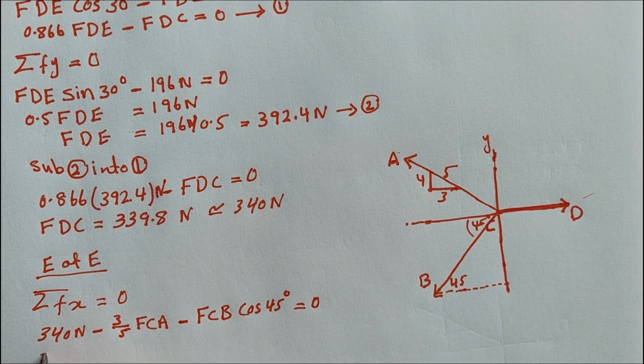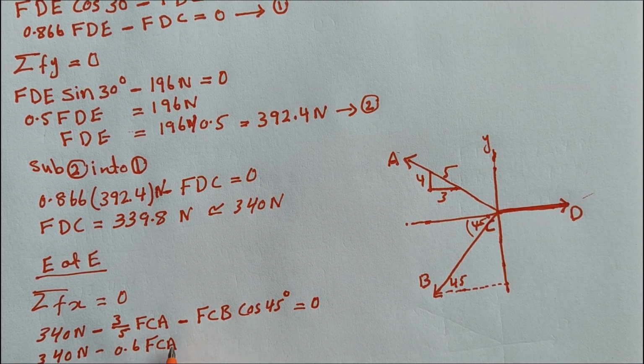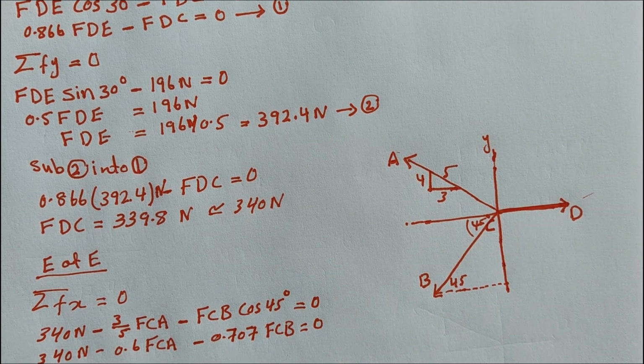So try to simplify this. So 340 Newton minus 0.6 FCA minus cos 45, 0.707 FCB, they all should equal 0.